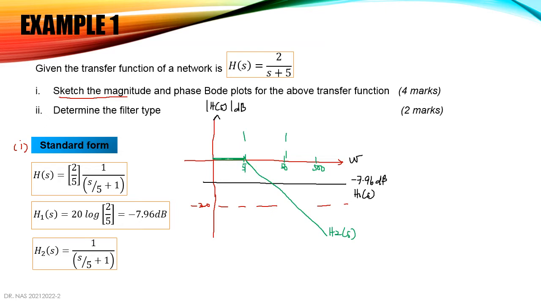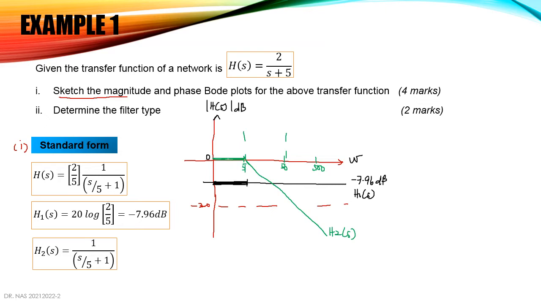So from 0 to 5, the magnitude is 0 plus negative 7.96. So it is negative 7.96 up to 5. Okay, and then from 5 onwards, the line drops down by 20 dB per decade.